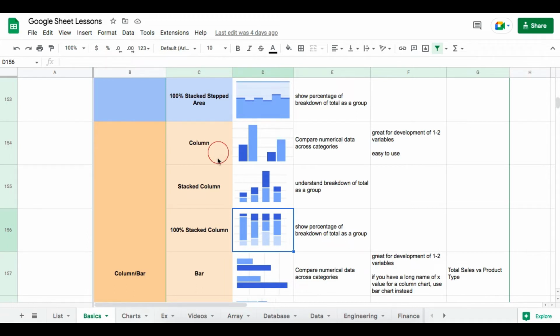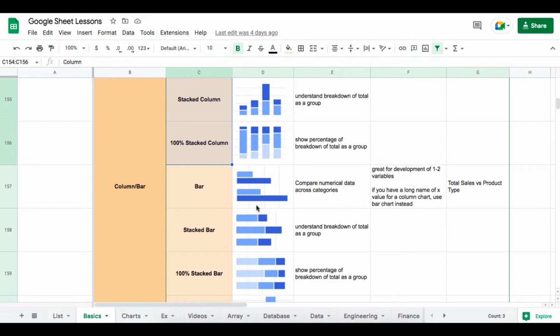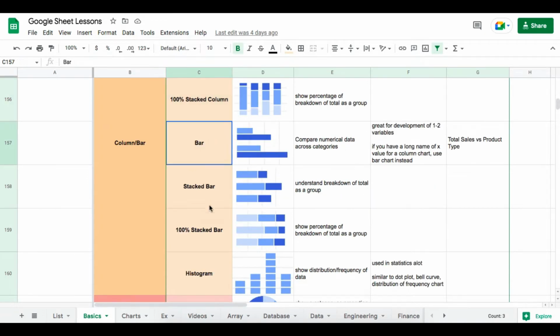And similar to a column chart, you have a bar chart, and then you have the exact same thing as a column except it is flipped to the side. So you have a bar chart, and then you have a stacked bar chart right beside each other.